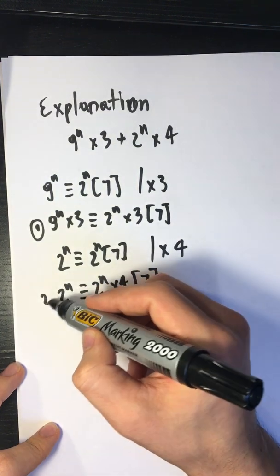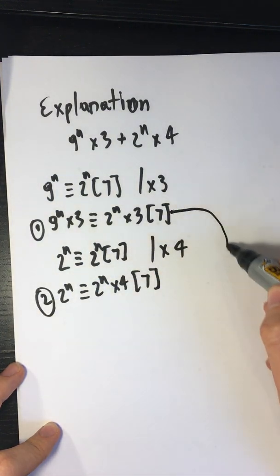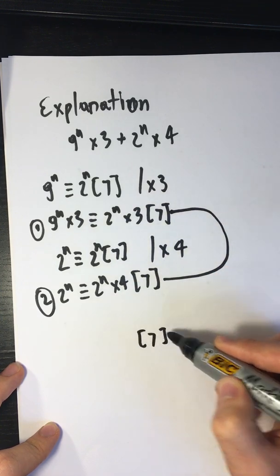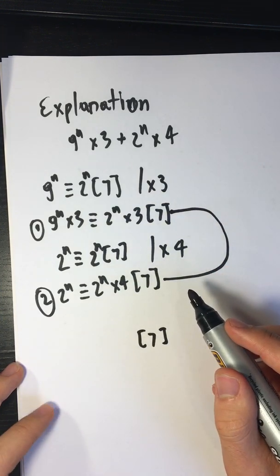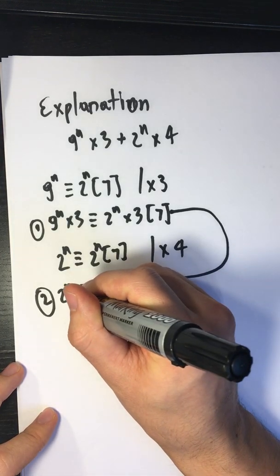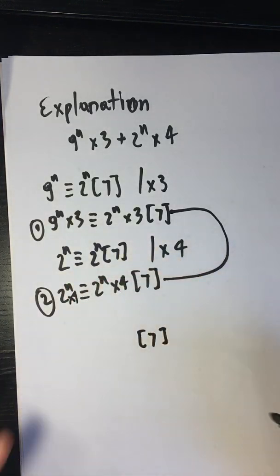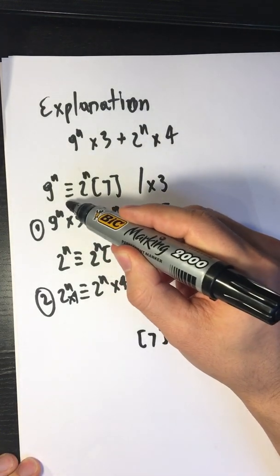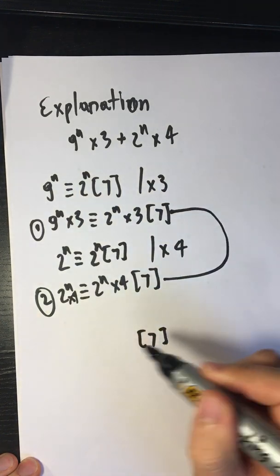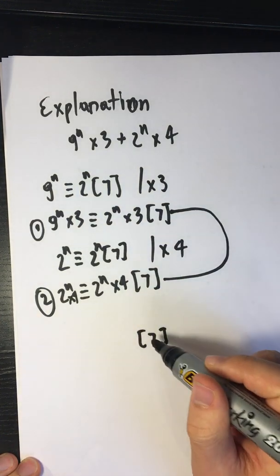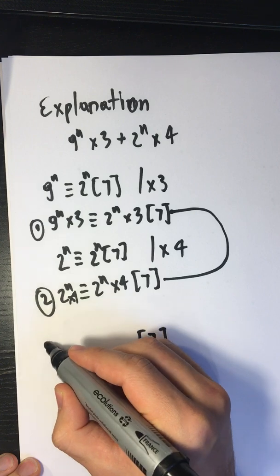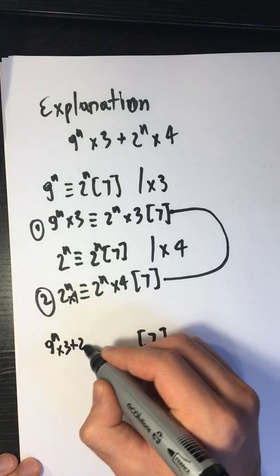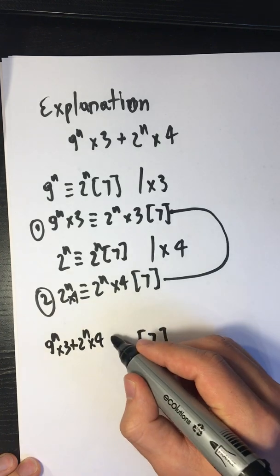And look, I can add number 1 and 2, because it's mod 7 and mod 7. I forgot the 4 here. Okay, and now I'm going to write this thing and this thing here: plus 2 to the n multiplied by 4.